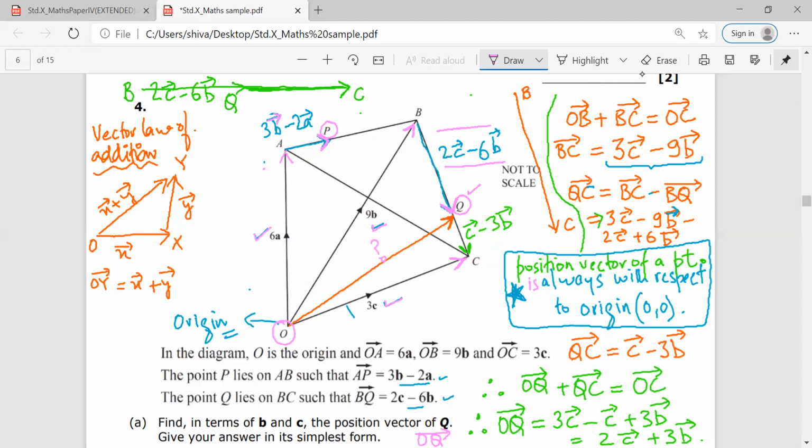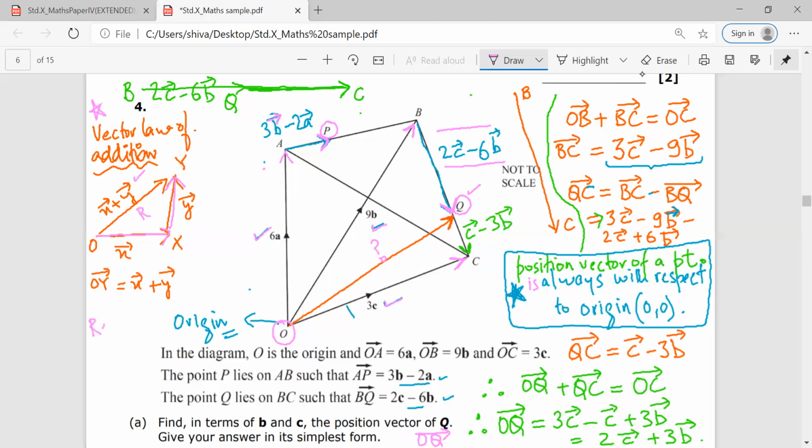No, sir. Okay. The third thing that we need to understand is the vector law of addition. It simply says that if this is one vector x, this is another vector y, then the sum of these two vectors is also called the resultant.